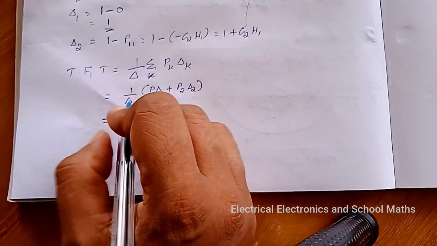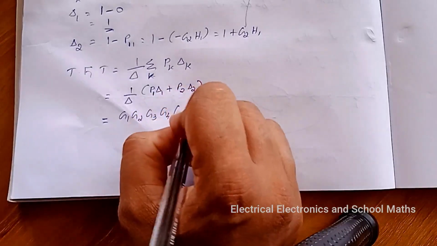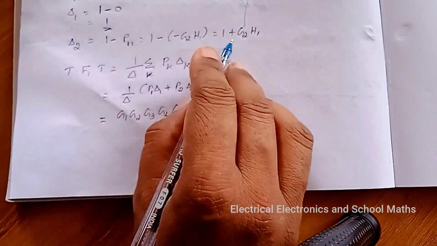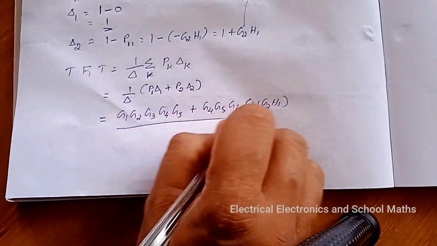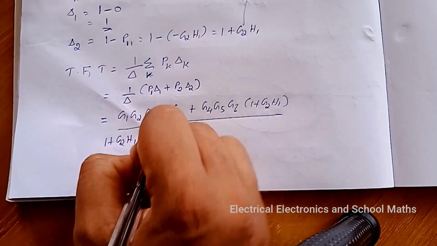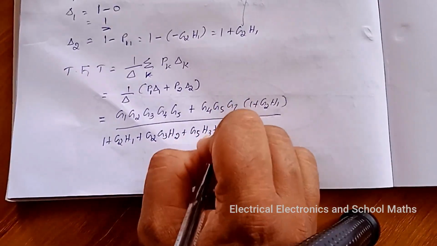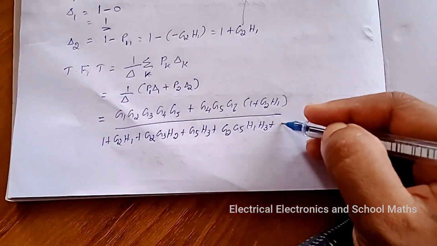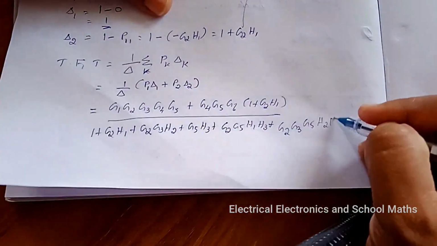So P1 delta 1 is P1 G1 G2 G3 G4 G5 into 1, then plus P2 is G4 G5 G6 into delta 2 is 1 plus G2 H1, divided by delta, and delta is 1 plus G2 H1 plus G2 G3 H2 plus G5 H3 plus G2 G5 H1 H3 plus G2 G3 G5 H2 H3.